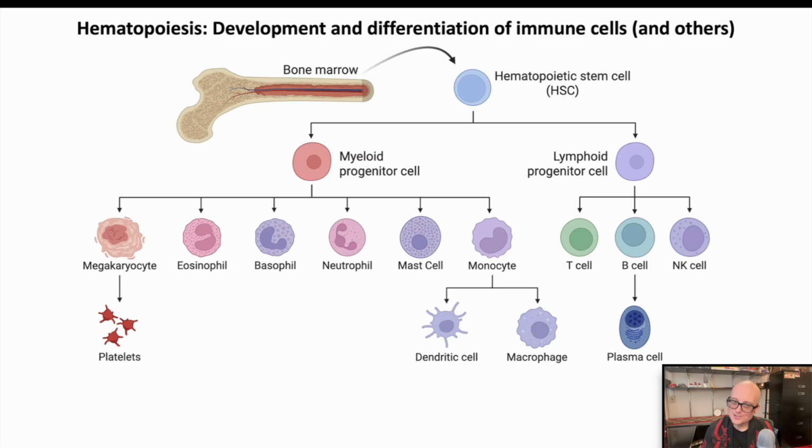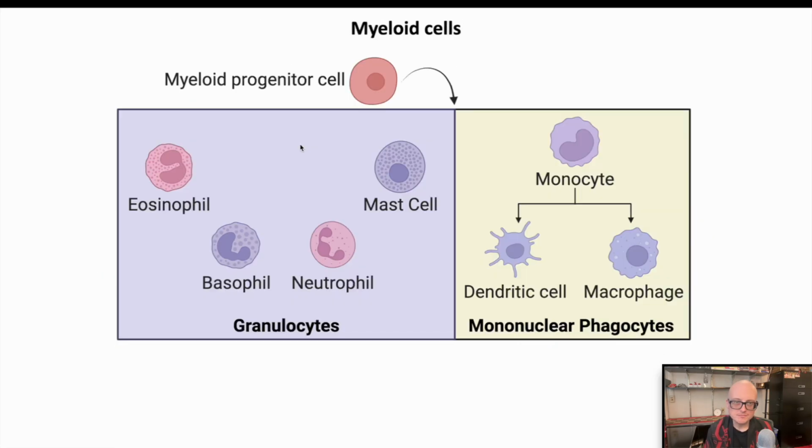So let's start that journey looking at myeloid cells, which again derive from myeloid progenitors in the bone marrow. Myeloid progenitors themselves can further differentiate into two broad classes of myeloid cells. These are subfamilies that fall under the myeloid umbrella. These are cells called granulocytes, which get their name from the granular appearance that they have under the microscope.